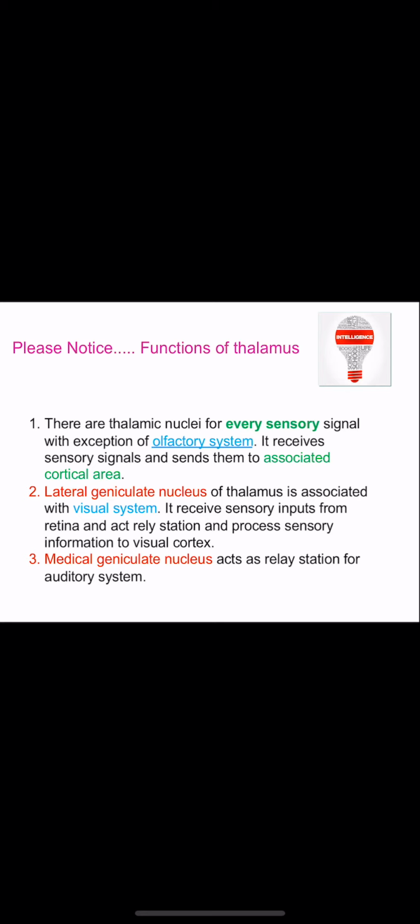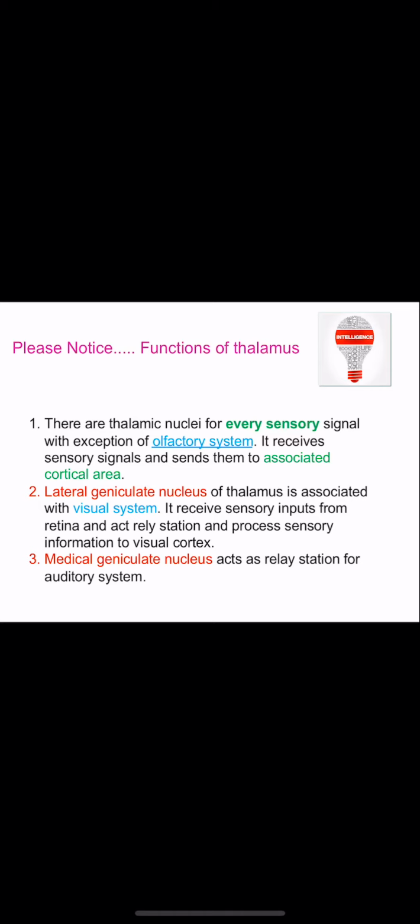These thalamic nuclei receive sensory signals and send them to the associated cortical area. For example, the visual pathway passes into the thalamus, and after relay in the thalamus will proceed to the visual cortex in the higher centers of the cerebral cortex.